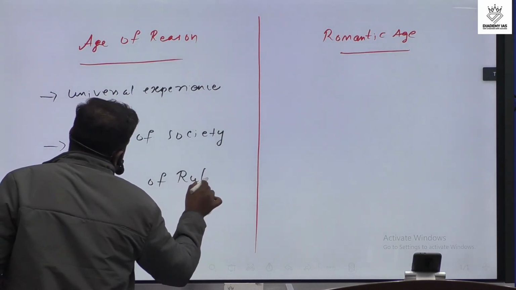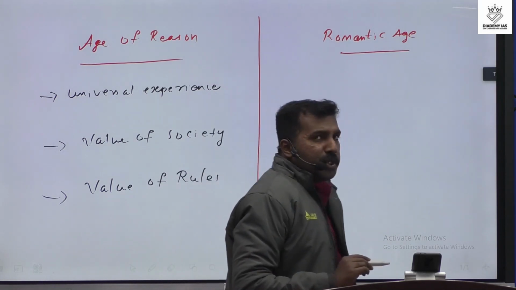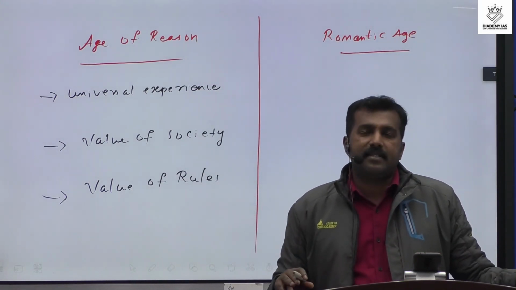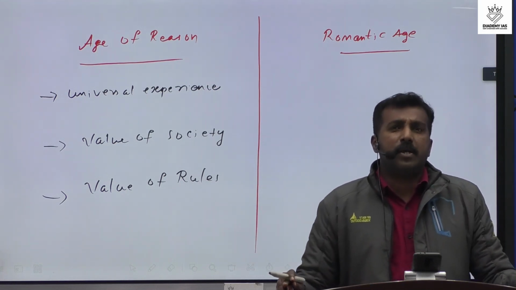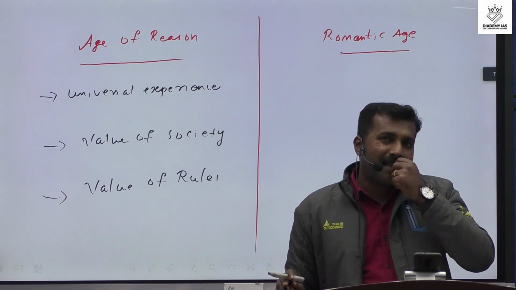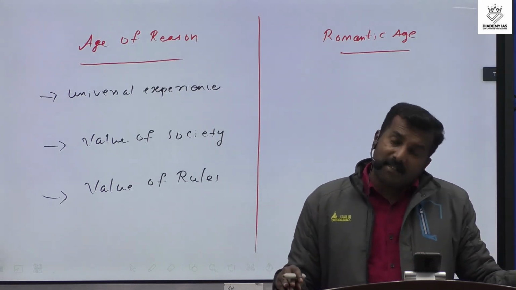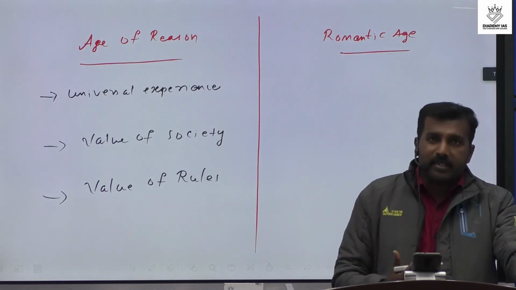Value of rules. This is an important point here. So what is the value of rules? It means that during the Age of Reason, as we already said, the neoclassicism period or classical types of writing, English literature mainly focused on a set of rules.